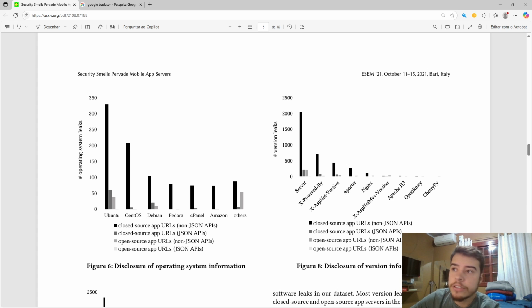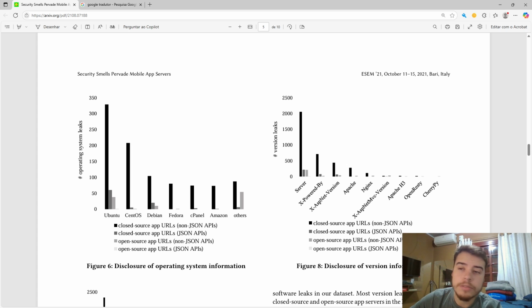Another security smell was about disclosure of information, and you can see that the closed source apps' URLs, non-JSON APIs, were more affected. We can see that the most measured were Ubuntu, CentOS, and Debian, but the other systems were at the same level.